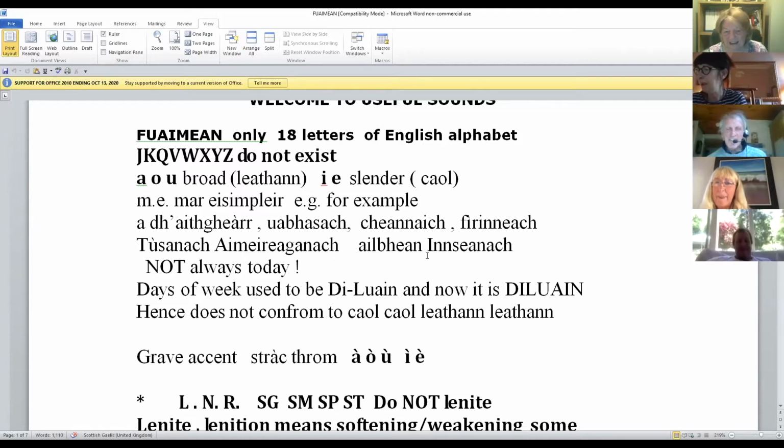And the "-bhean" is the sound at the end, but you have the I and the E. Now that E will not sound, but you have to have it in the spelling because the last vowel is a slender vowel, then you have the L and your BH, and then you have E after it. "Innseanach": E-A-N-A-C-H. So broad, broad, slender, slender.